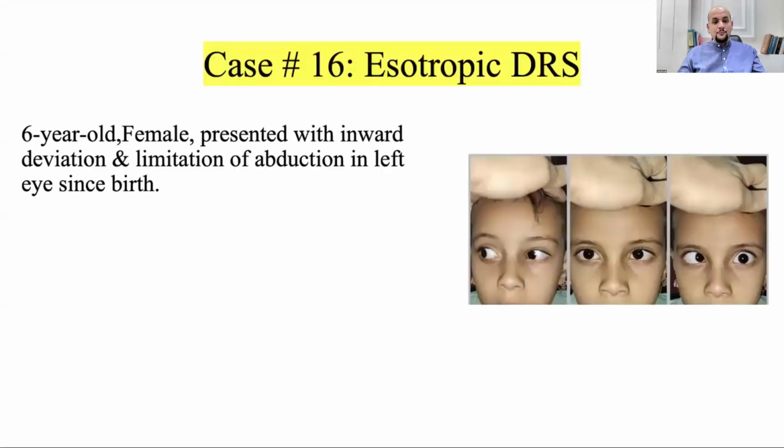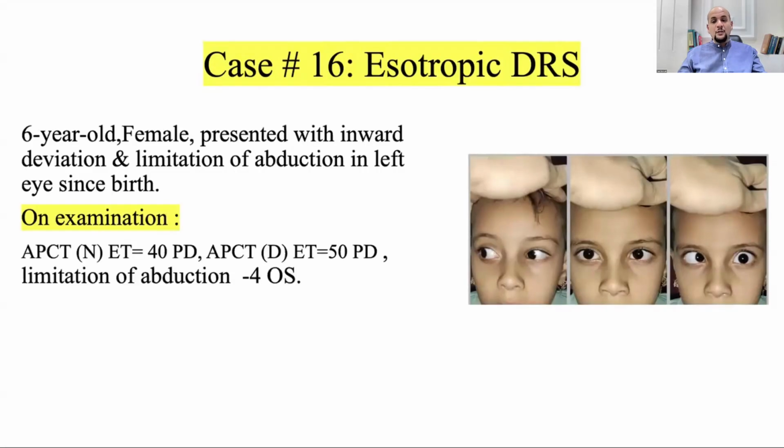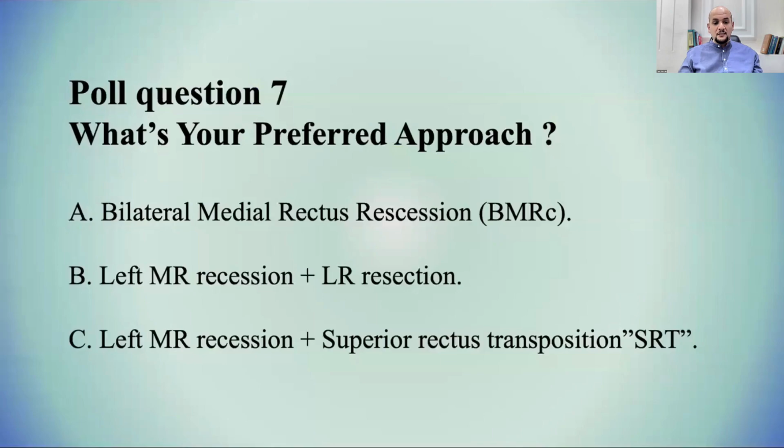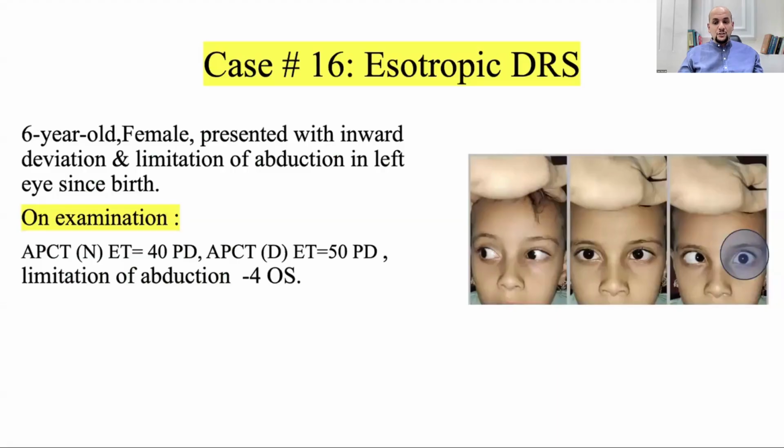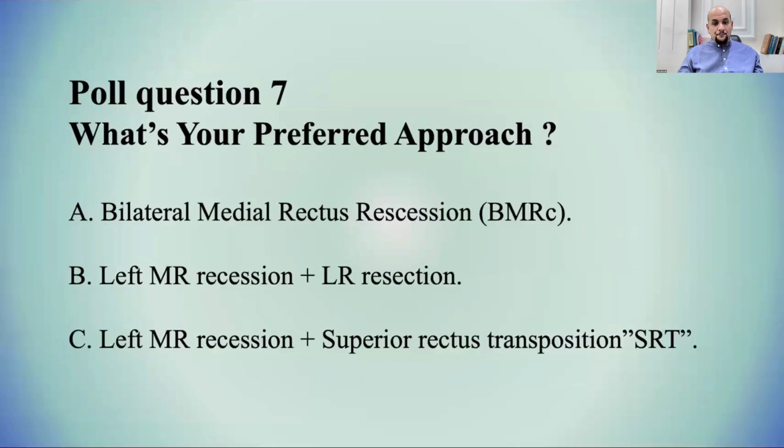Duane retraction syndrome, 6-year-old female with inward deviation, limitation of abduction of -4. She had esotropia, 40 prism diopter at near, 50 prism diopter at distance. So in such case, esotropia with limitation of abduction -4, what's your preferred approach in such patient?